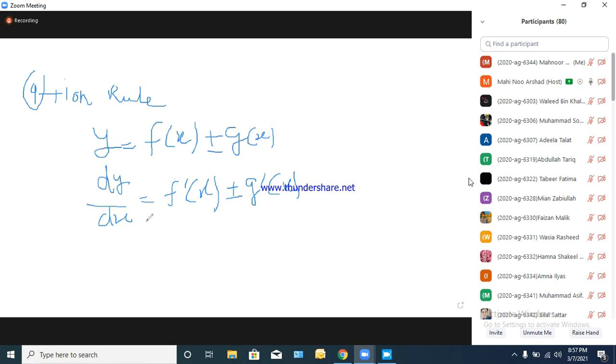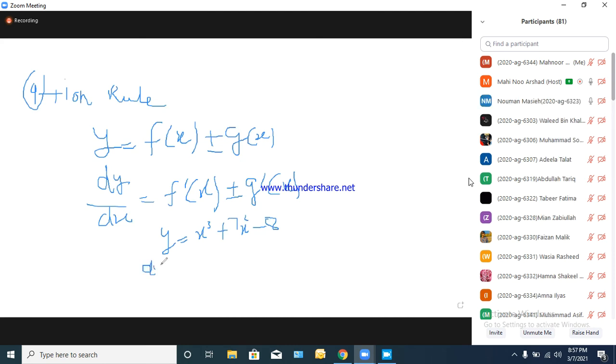Is that clear, students? If you have a function like y is equal to x to the power 3 plus 7x squared minus 8, how will you take its derivative?